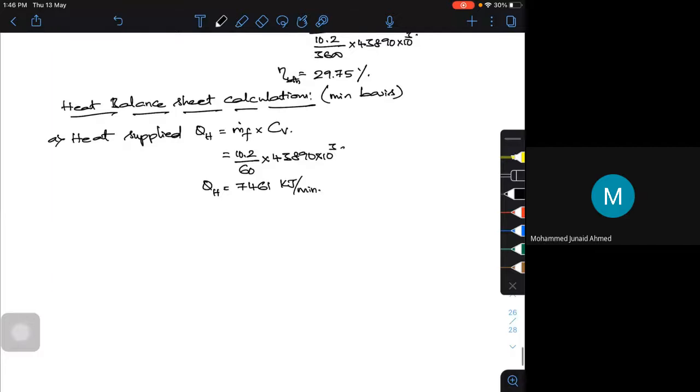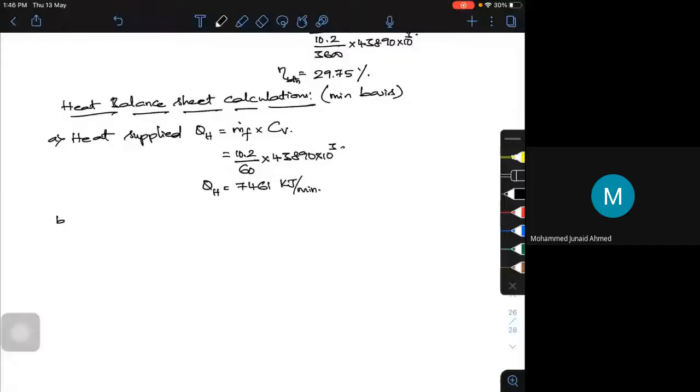Next, the second one, heat equivalent of brake power, that is QBP. So this is equal to BP into 60.